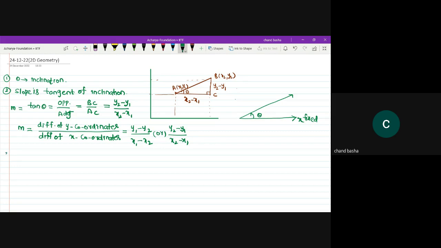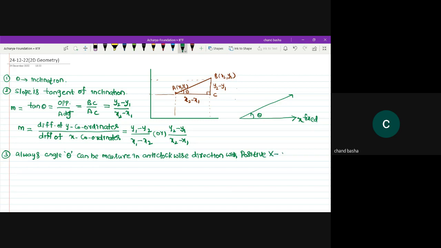The third point I can write: the angle theta is always measured in the anti-clockwise direction, with the positive direction of the x-axis.